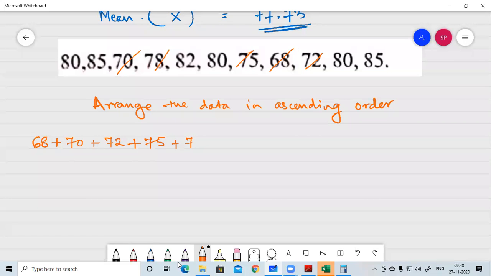Then 80 is repeated 3 times, so you have to write 80, 80, and 80. The number of times it is repeated, you have to write it down. Then we have 82. And finally, we have 85 twice.